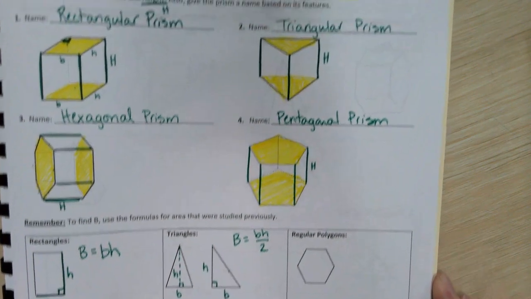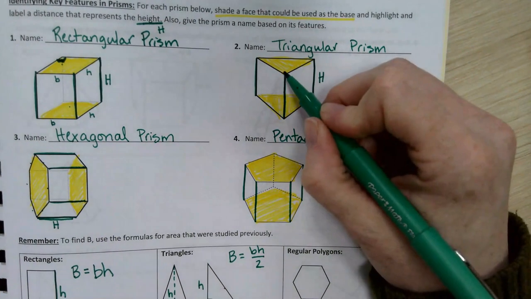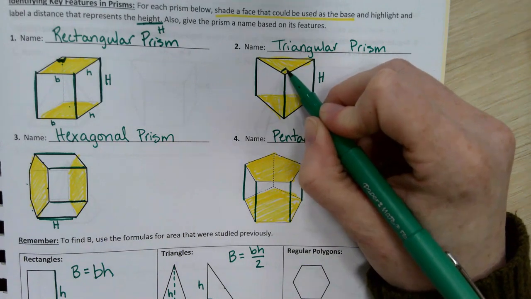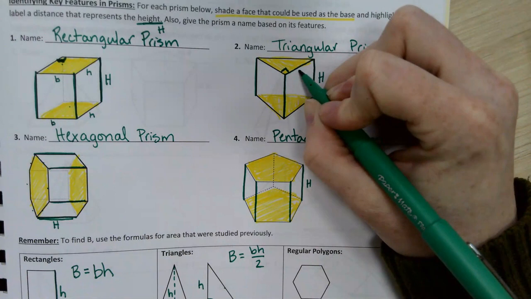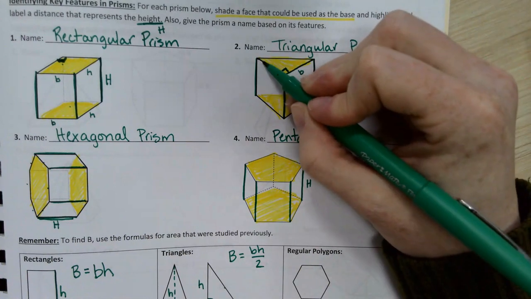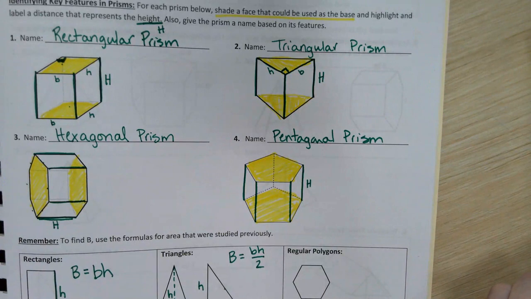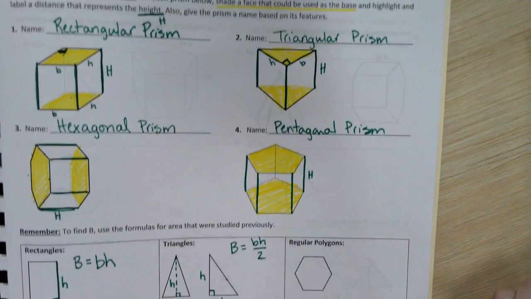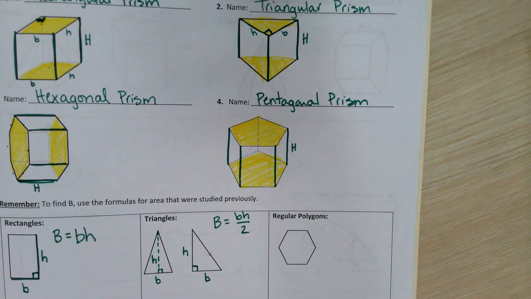And so if we pop back up here to number 2, it's not super clear whether we have a right angle or not. But if we knew that this was a right angle, so I'm going to add that onto the diagram, then we could use this edge right here as our lowercase b and this edge right here as our lowercase h. Otherwise, we would have to do more work to figure out where that height is at if that right angle was not given to us.